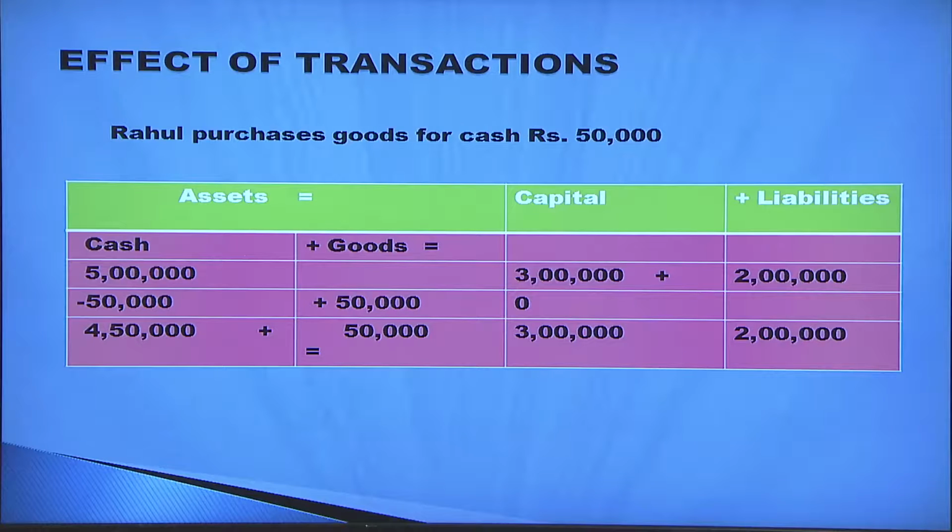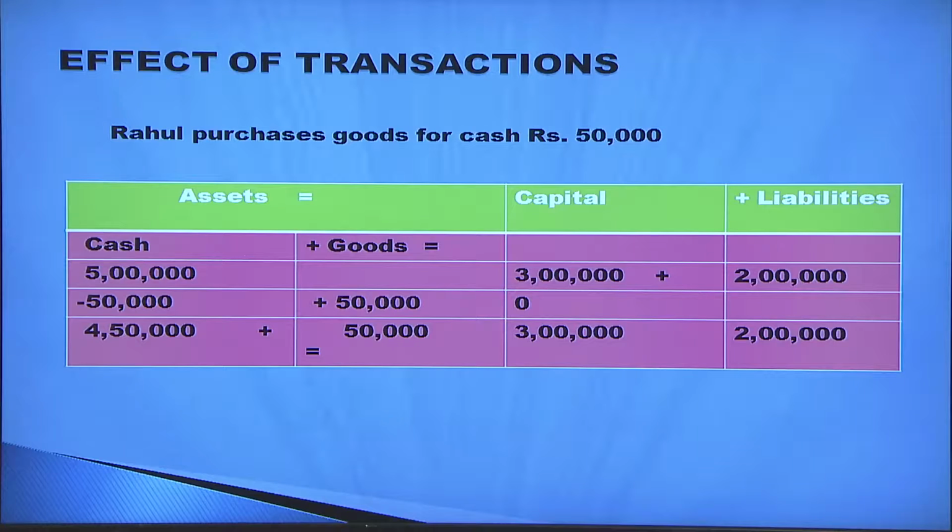Then another transaction, Rahul purchases goods for cash rupees 50,000. Goods are coming inside the business for rupees 50,000. So, under goods column, goods will be included under asset. So, under goods column, rupees 50,000 is increased. Goods are purchased for cash means cash is going from the business.